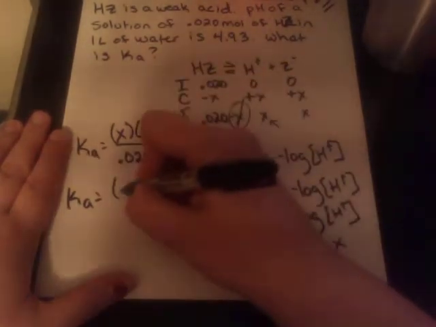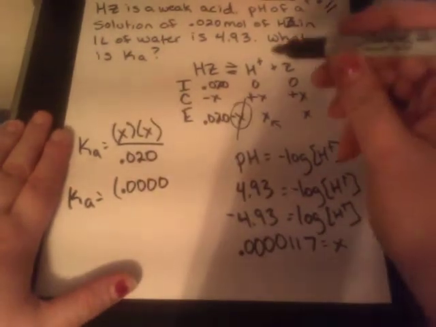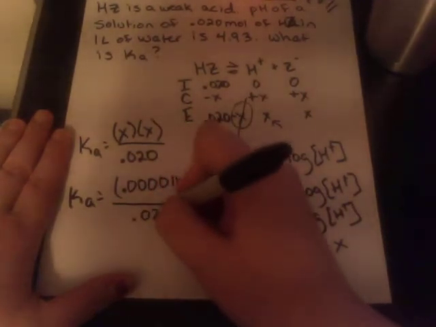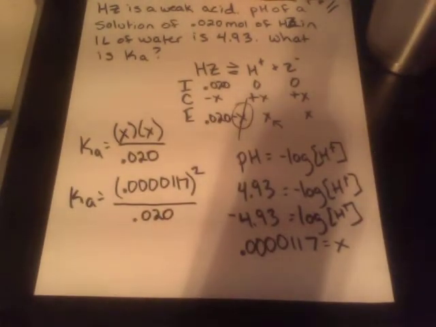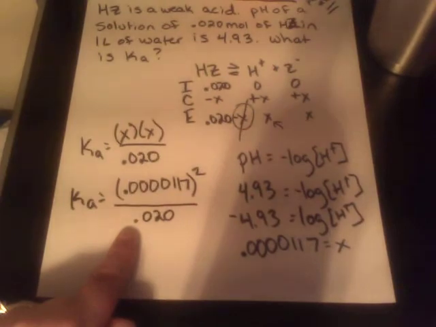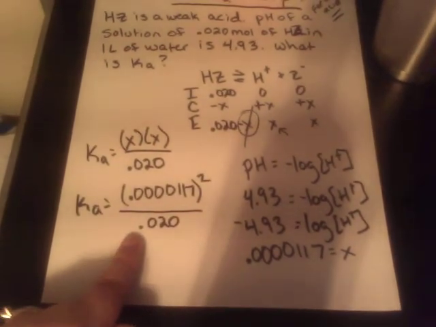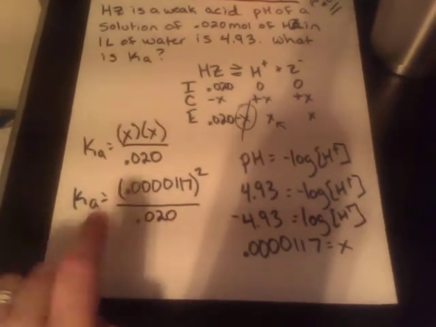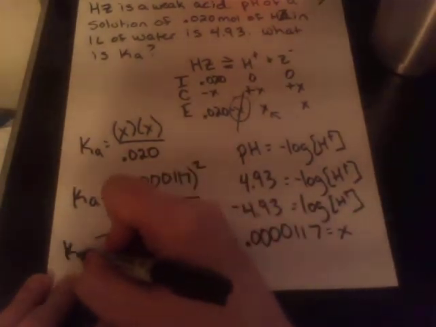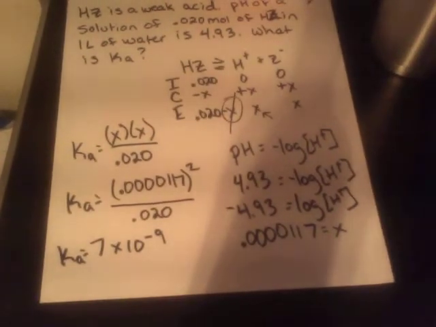So it's 0.0000117 squared over 0.020. If I type this into my calculator, and then divide by 0.020, I get 7 times 10 to the negative 9 as my Ka.